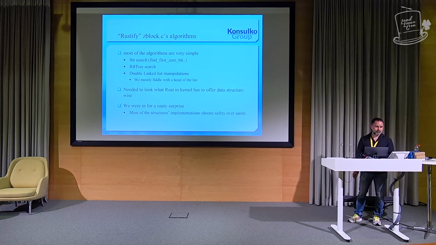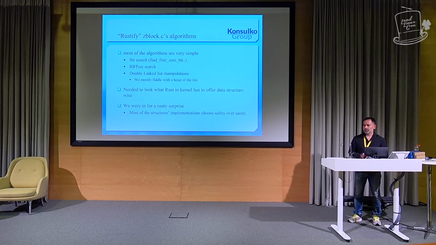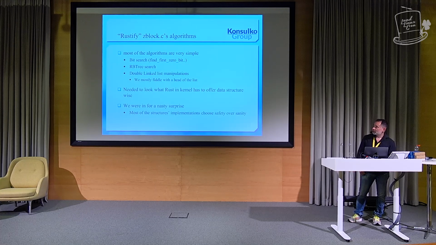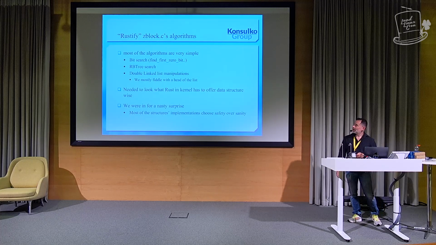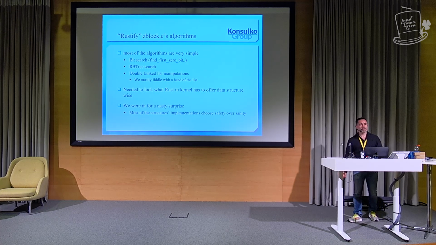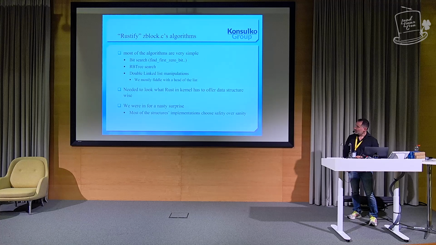The search for the block type corresponding to the size of the object that we need to store is implemented using red-black trees. So arbitrary search is implemented in the C part of the kernel. Luckily, it's implemented on the Rust side also. And then we have doubly linked list manipulations, which pretty much every Linux driver does in some way.